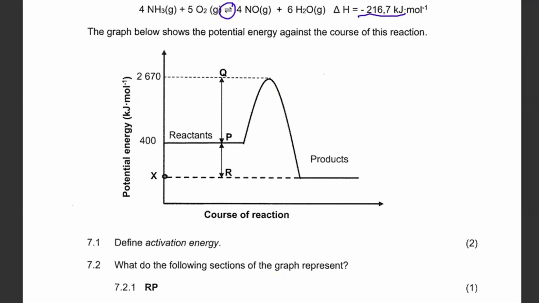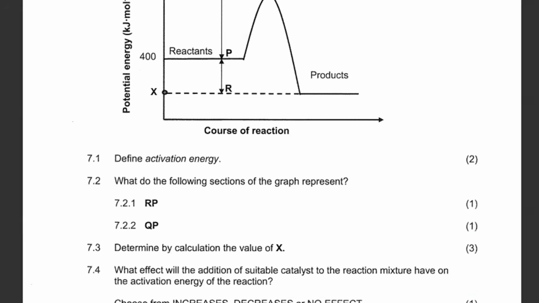Now it says the graph below shows the potential energy against the course of this reaction. Then define the term activation energy. Activation energy is defined as the minimum energy required to start a chemical reaction.